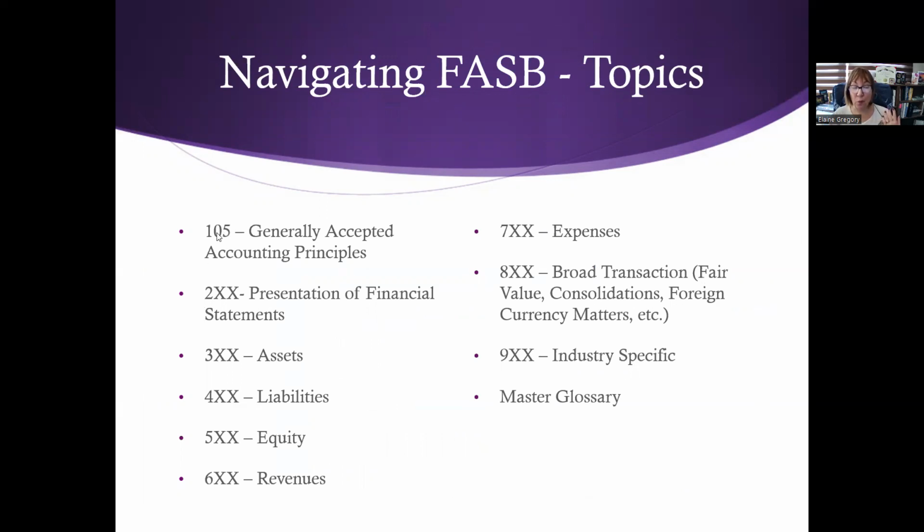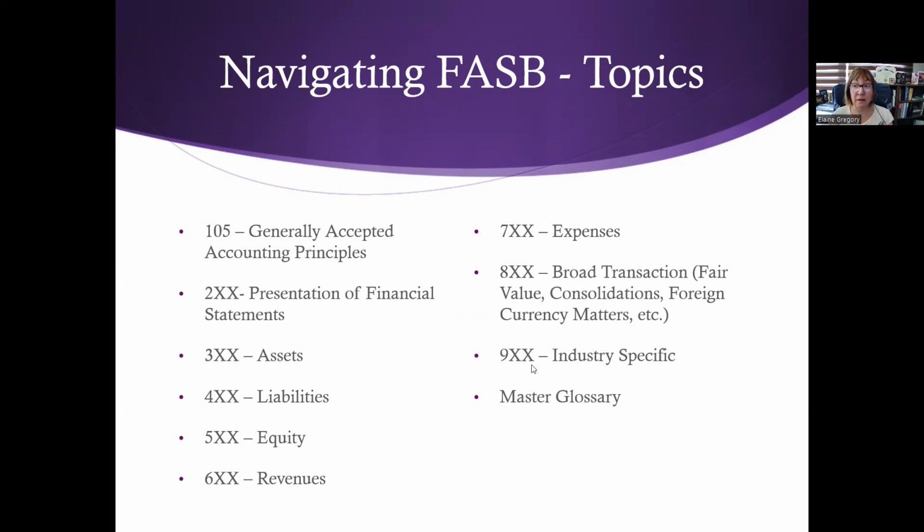Here is your 100 level, which is the generally accepted accounting principles. 2XX are all topics, all FASB requirements under the presentation of financial statements. 3XX are our asset side. 4XX is our liability side. 5XX is equity. 6XX is revenues. 7XX is expenses. 8XX we call broad transactions, and that could be just general topics that don't fall into any specific asset classification, but they are requirements that we have to follow, such as the fair value concept, consolidations, foreign currency matters, all of that.